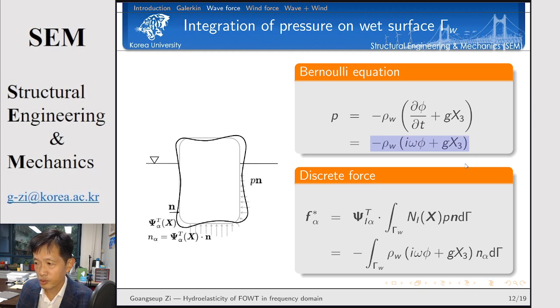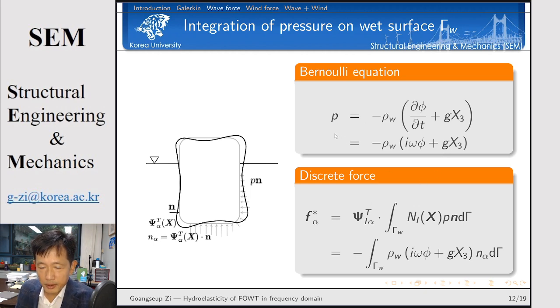Pressure is equal to minus rho W, the mass density of water, times i omega and the potential, and then gravity acceleration times x3, where x3 is the coordinate in the vertical direction.